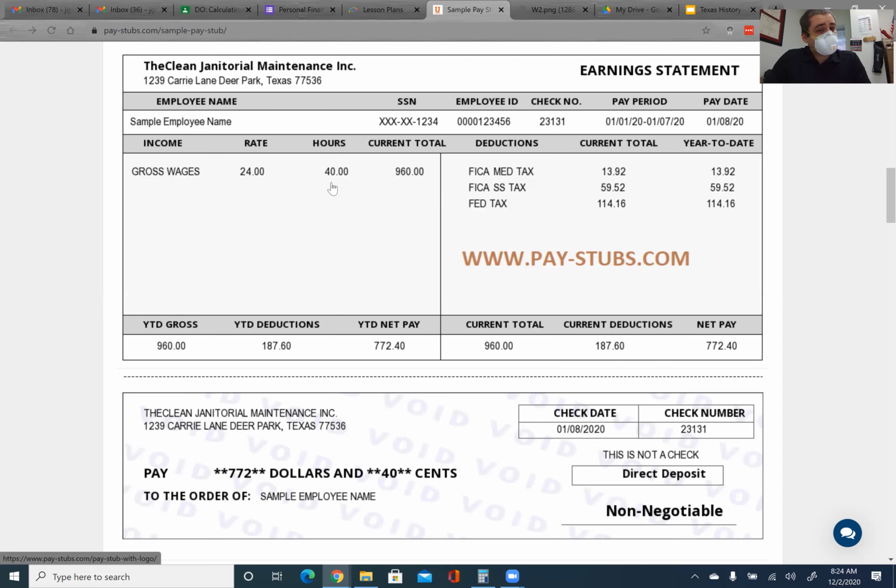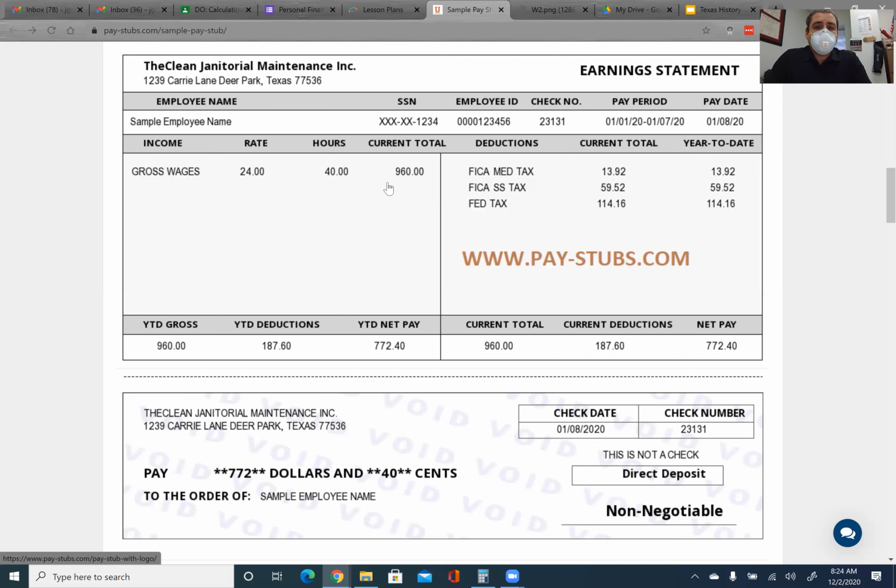Sucks. All right. But so gross wages, this person is getting paid $24 an hour. Okay. But even at $24 an hour, working 40 hours a week, they're getting paid $960 a week gross. Now, gross is the amount before taxes are taken out.